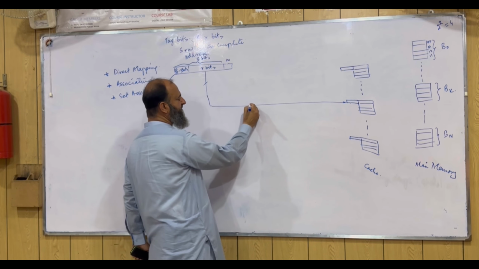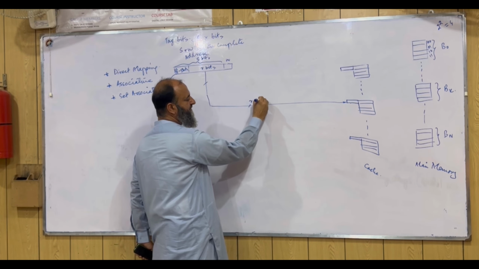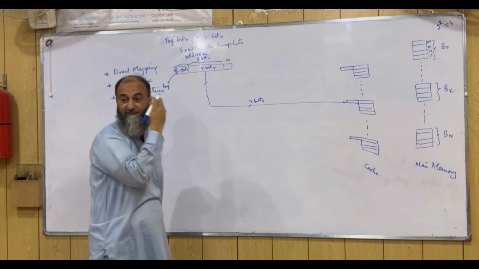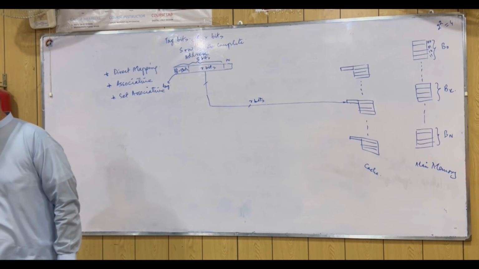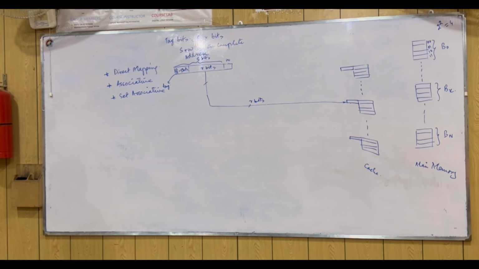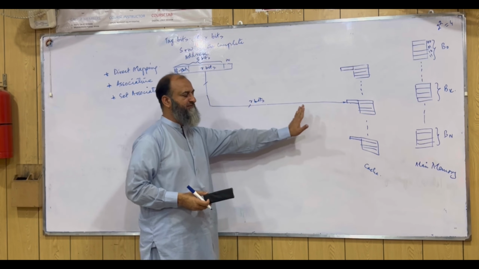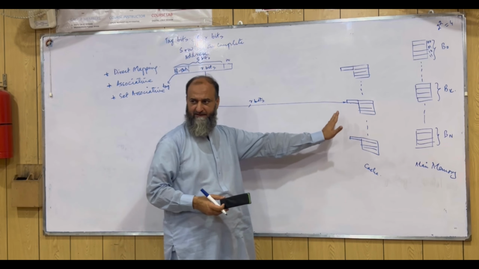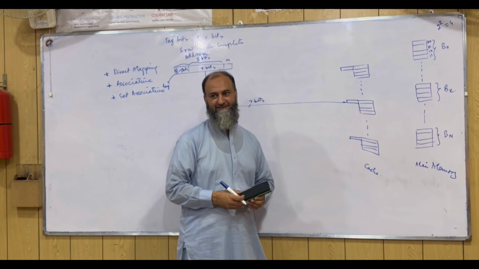R bits identify the line number. In the first instance, rather than accessing the main memory, the R bits are presented to the cache memory.